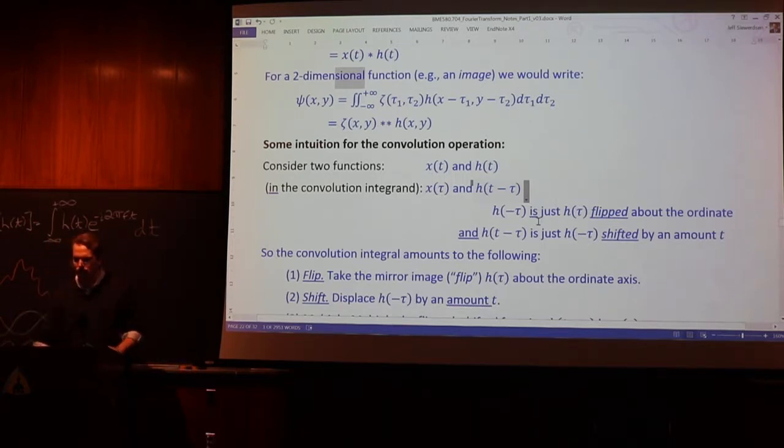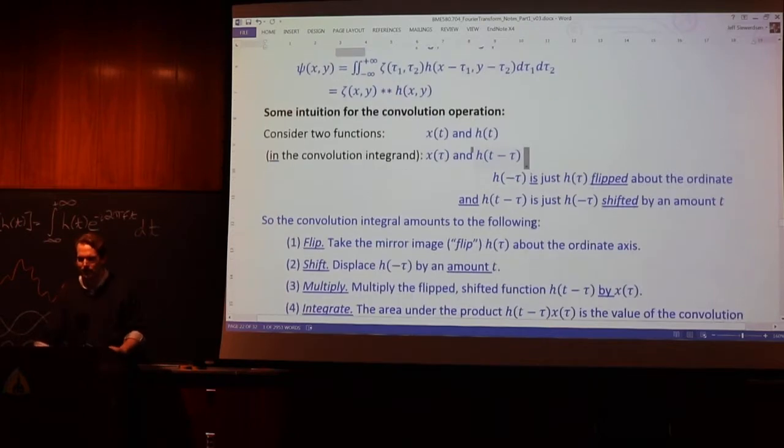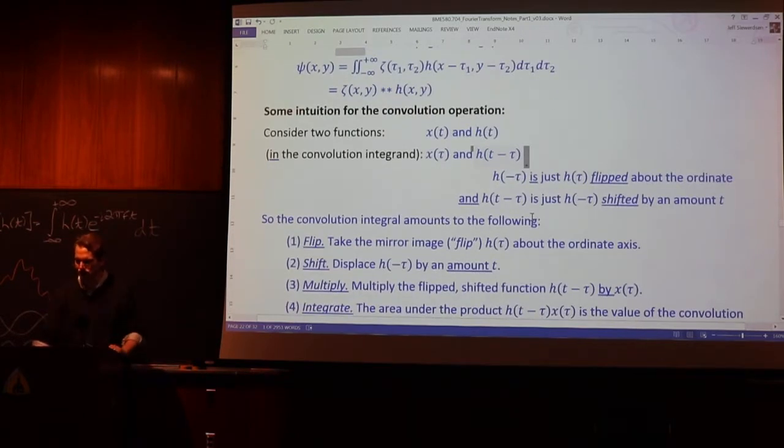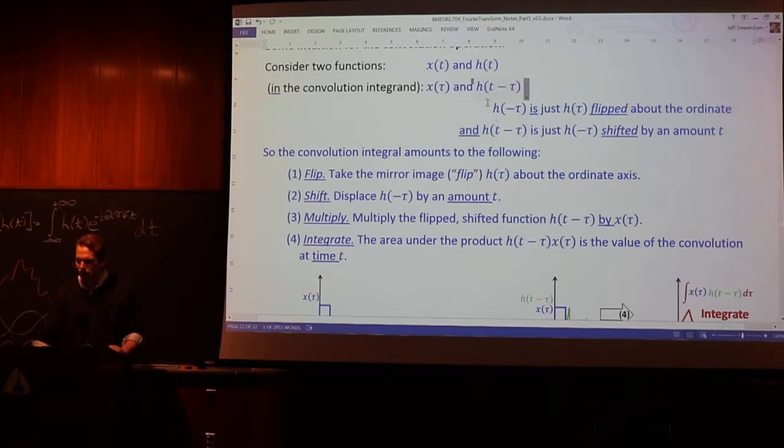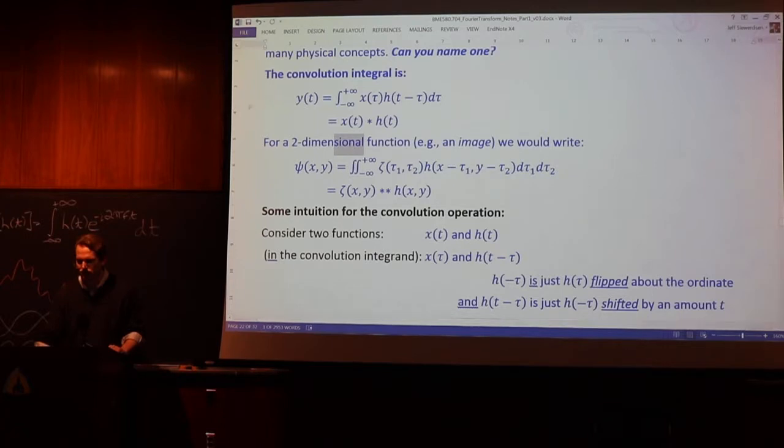All right? We're constructing the pieces of that integral, just like we did the Fourier transform at the beginning of the class. H of t minus tau is that flipped function and now just shifted by some amount t. Okay, so if I look at that integral right here, I'm going to do a flip and a shift and then a multiplication and an addition.